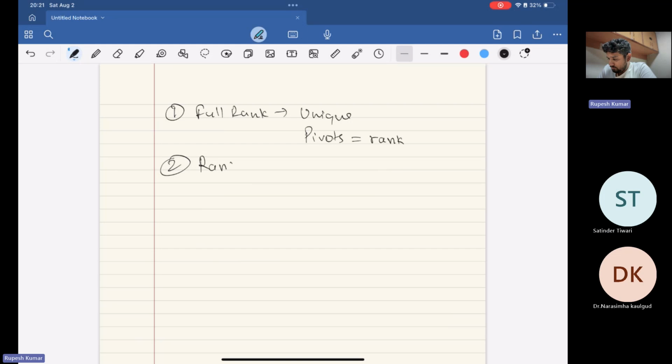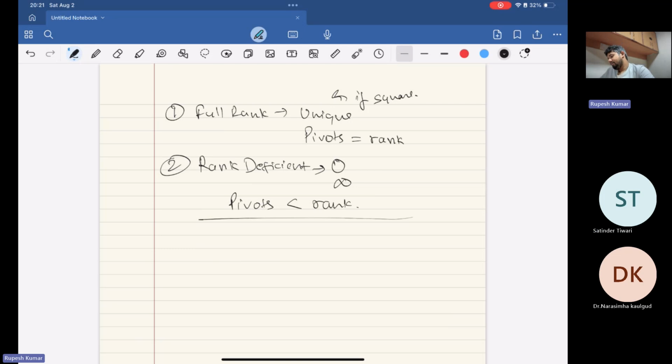Rank deficient, unique, right? Pivots equal rank, and if it's square, then you are getting the unique solution. So either zero or infinite solutions, right? Rank deficient, pivots less than the rank, right?